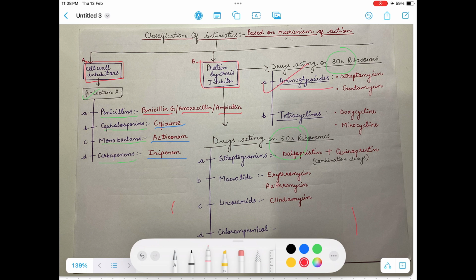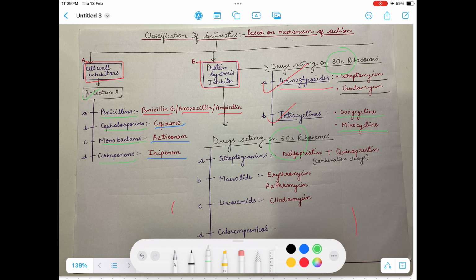First is the aminoglycosides and second is the tetracyclines. In aminoglycosides we have streptomycin and gentamicin. In tetracyclines we have doxycycline and minocycline. So the drugs which act on the 30S ribosome are aminoglycosides and tetracyclines.